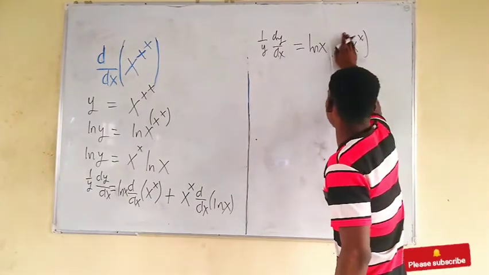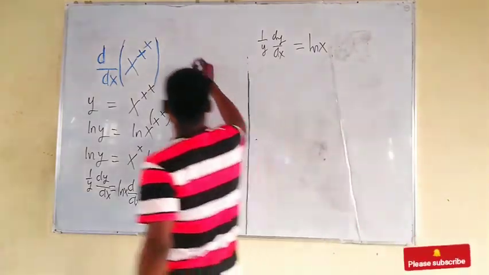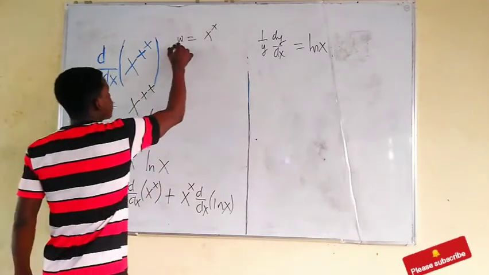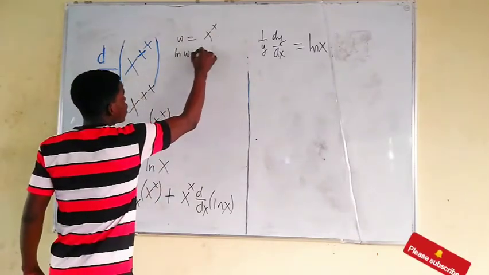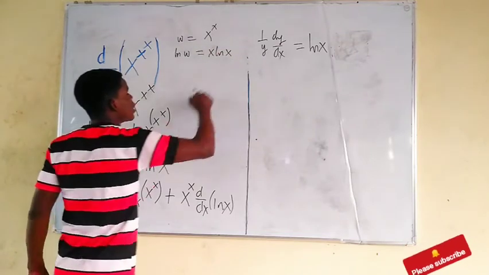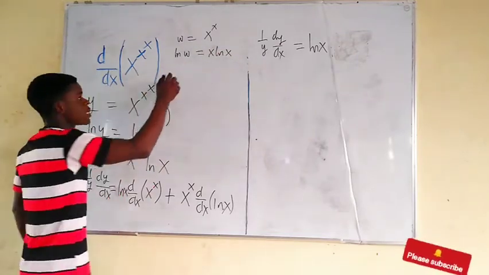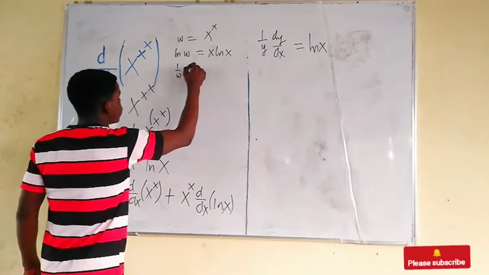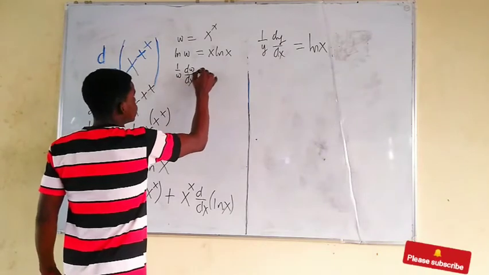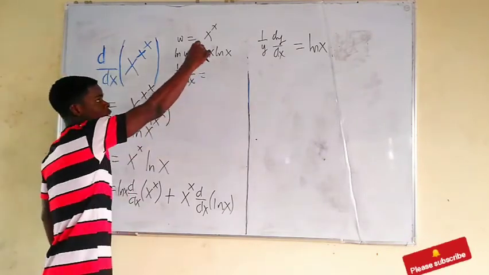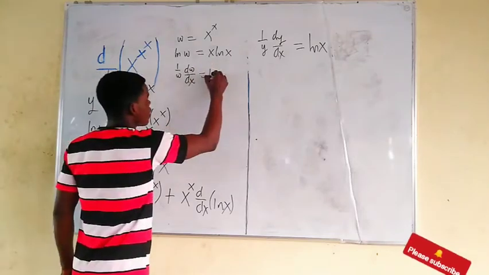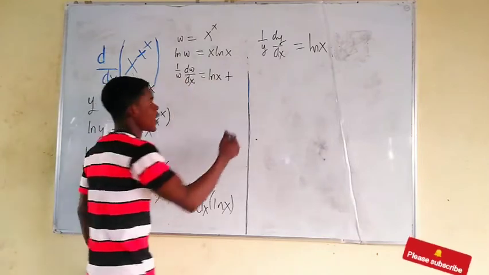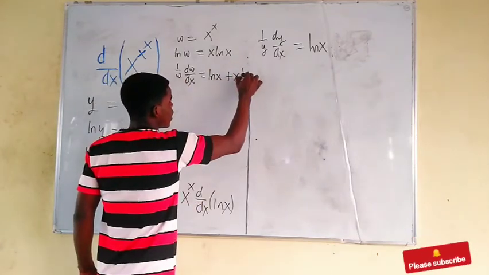So I can clean it up like that, and I will say, okay, let me make w to be x to the x power, and ln of both sides will become x ln x, and I will say, okay, differentiate implicitly with respect to x, and I will have 1 over w dw dx to be equal to, this is still a product, well, the derivative of x with respect to x, so we have ln x, plus the derivative of ln x with respect to x is just 1 over x, and we have x times 1 over x.